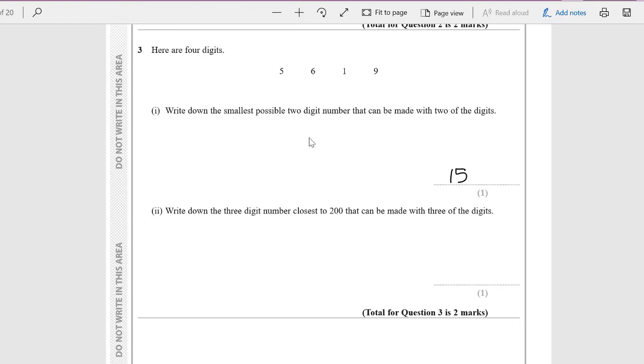So write down the 3-digit number closest to 200 that can be made with 3 of the digits. So we're going to use 1 as the hundreds. I guess 9 would be the next one as the tens, and then 6 as the unit.